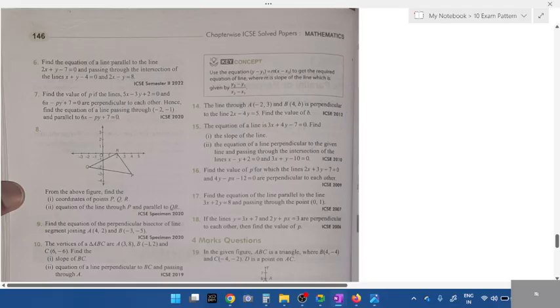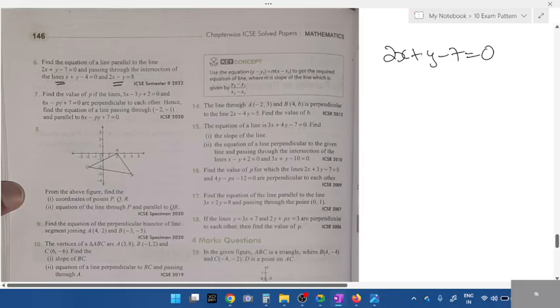What is given? Find the equation of the line parallel to which line? Parallel to y minus 1 equal to, and passing through the intersection of how many lines? And 2x minus y is equal. First, the intersection lines are given.